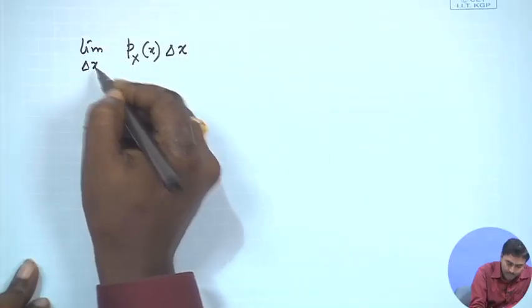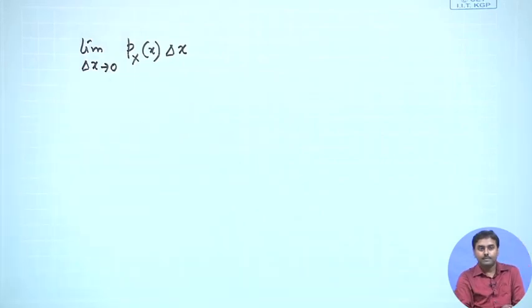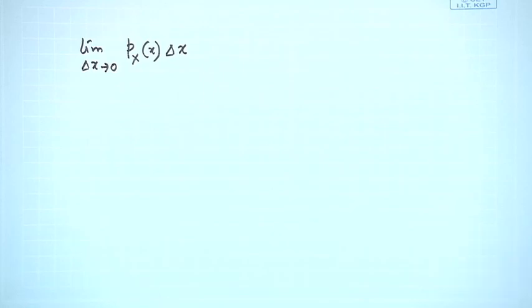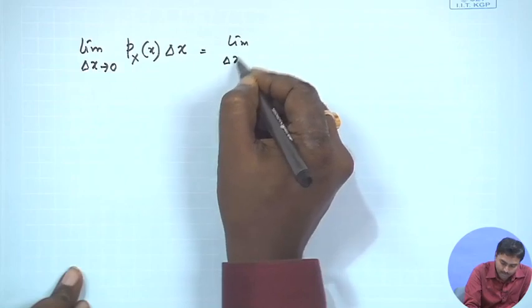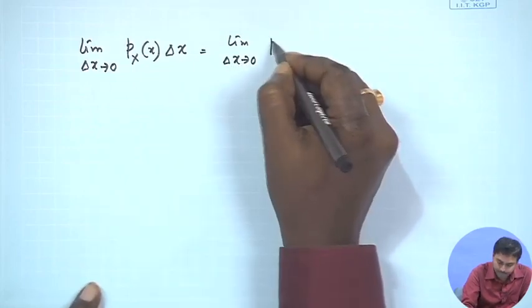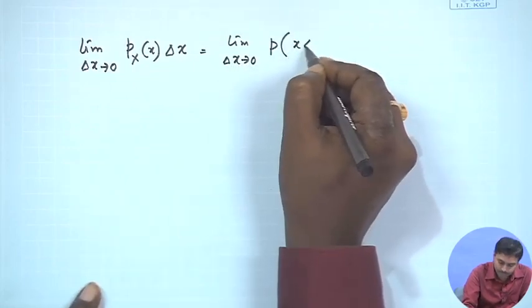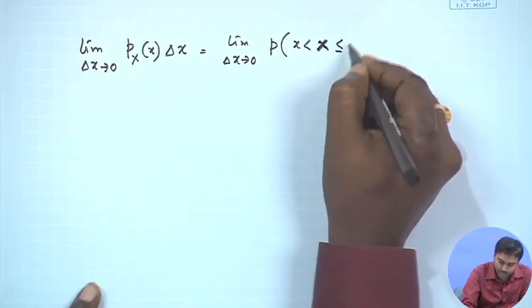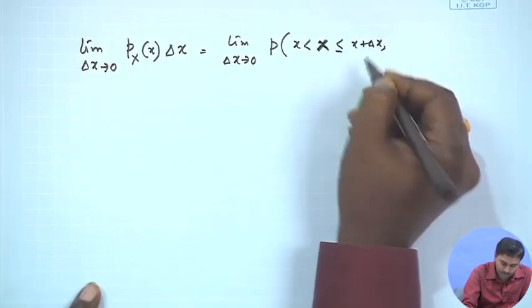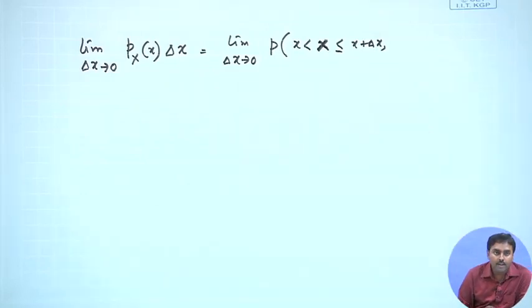So, if I do this, that tells me the probability that x lies between x and x plus del x. That is the probability I am targeting. So, I can write this as limit del x tends to 0 of that random variable. But remember, I also had y in the definition, but now I do not care about y.